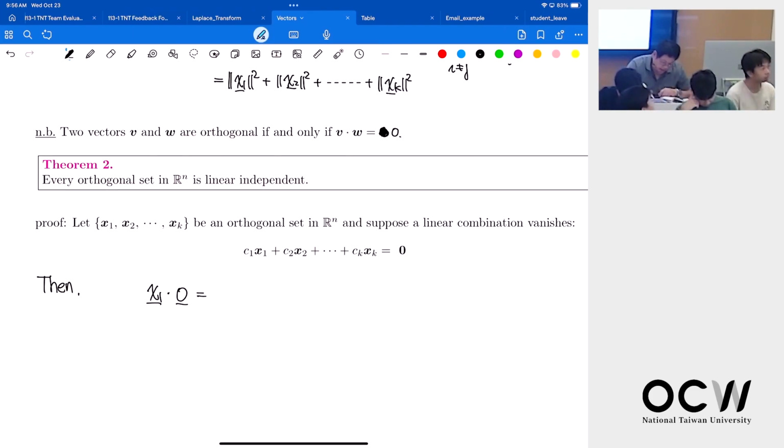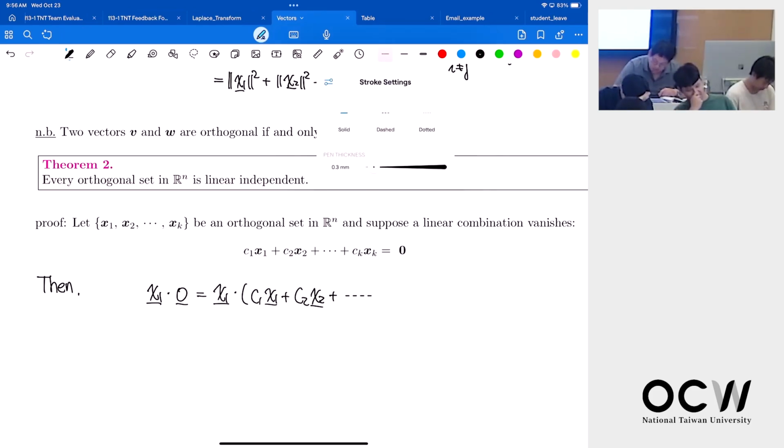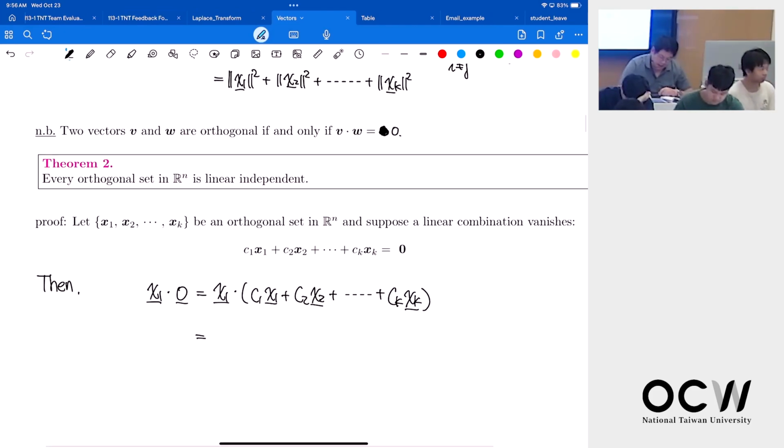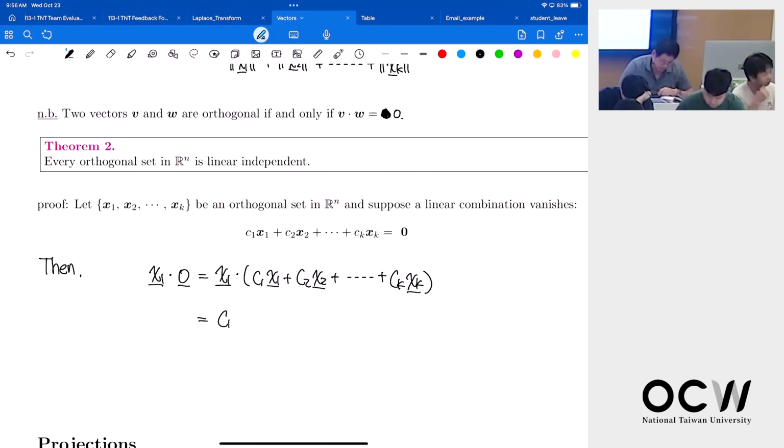The right-hand side is x1 dot c1 x1 plus c2 x2 to ck xk, which is c1 x1 dot x1, c2 x1 dot x2, and so on.